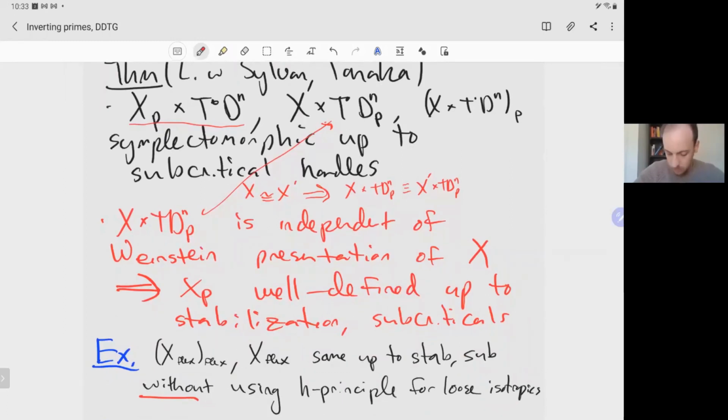Let me emphasize that as a consequence, you would be proving that if you flexibilize twice, that's the same as flexibilizing once, up to stabilization and subcriticals, without using the h-principle for loose Legendrians with these zigzags. So this gives an alternative proof of a weaker result, but it applies in greater generality, where you're not killing all the symplectic topology, only the symplectic topology away from the prime P.